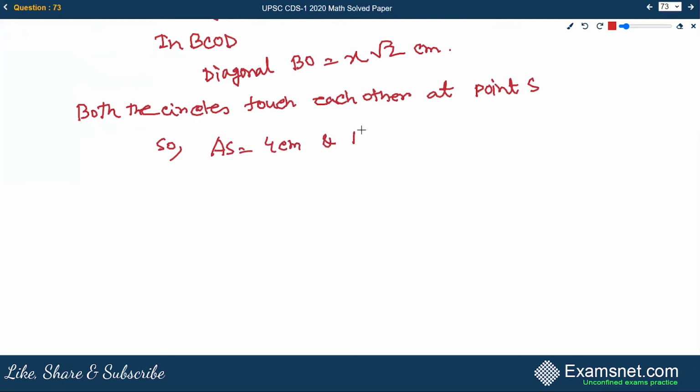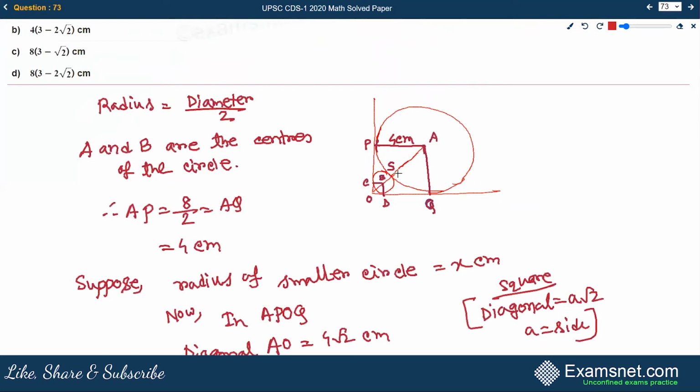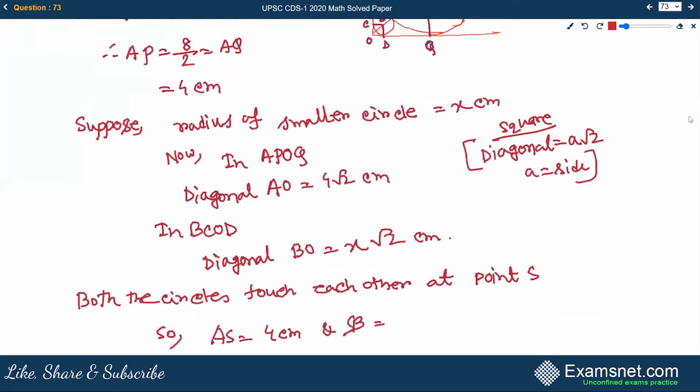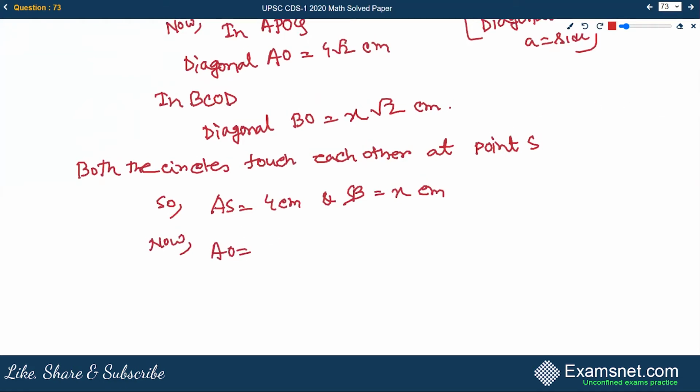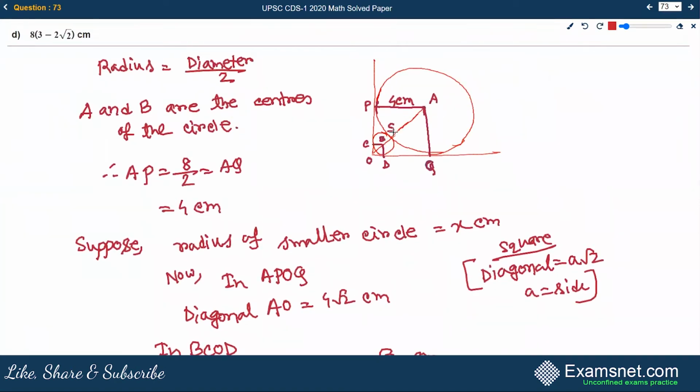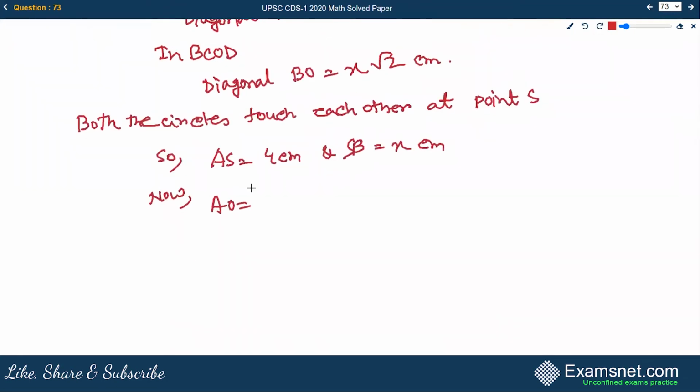And SB, what is SB here? SB is the radius of the smaller circle, which is x centimeter. Now we can say AO is equal to AS plus SB plus BO. We'll put all these values: 4 plus x plus x root 2. Here this is 4 root 2.